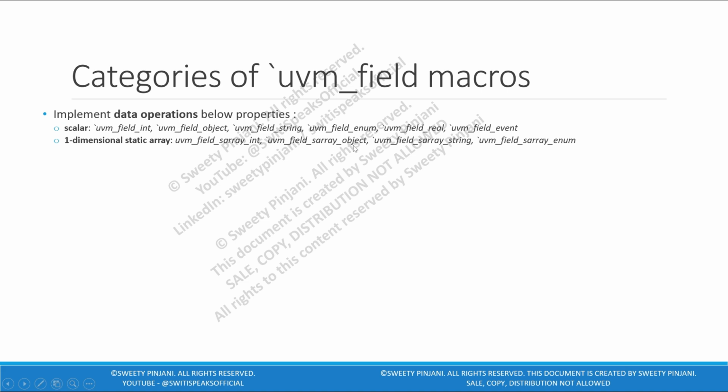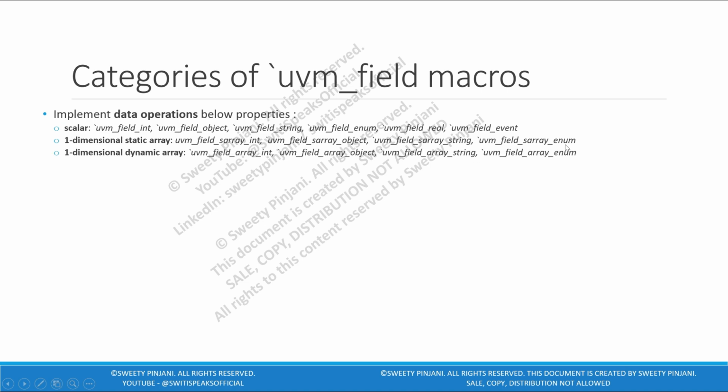If you want to implement data operation for a one-dimensional static array of string, use UVM field array string. If you want to implement data operation for a one-dimensional static array of enum, you will use UVM field array enum.